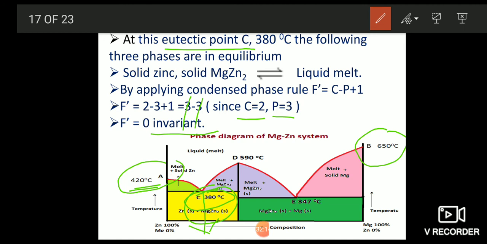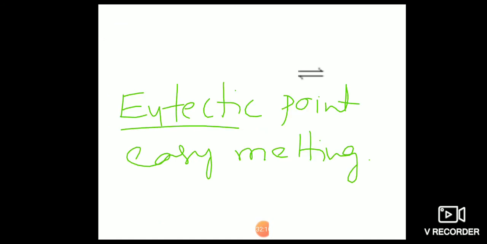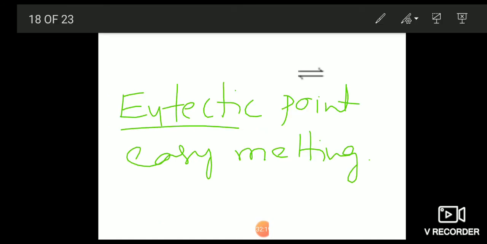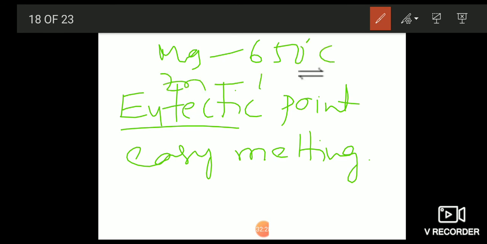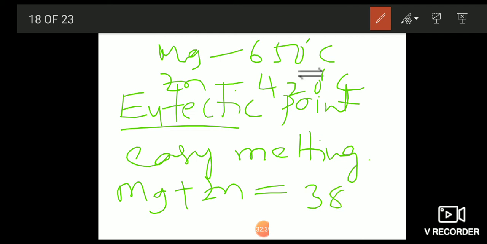Pure magnesium has a 650 degrees Celsius melting point. Pure zinc has a 420 degrees Celsius melting point. Whereas a particular combination of magnesium and zinc has a melting point of 380 degrees Celsius, which is lower than 650 and 420.